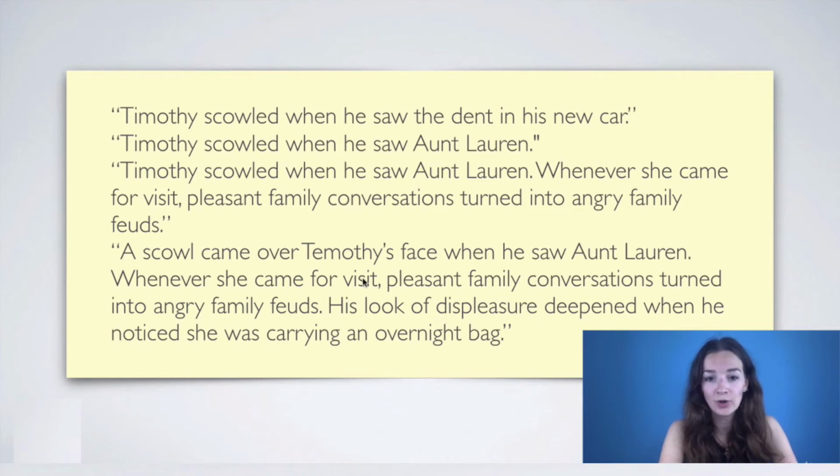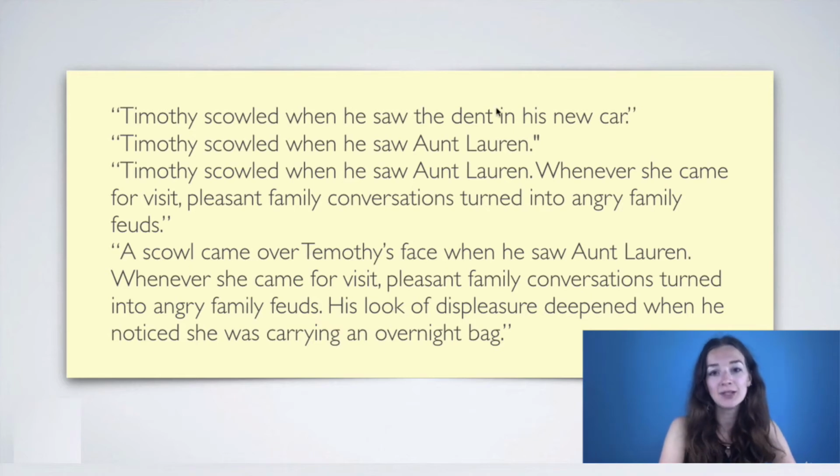If we read the third sentence after this word, we see the entire synonym of the word scold: his look of displeasure. So now we are sure that scold, the verb, means to have a look of displeasure, right? A facial expression when someone is upset. So now we are sure.